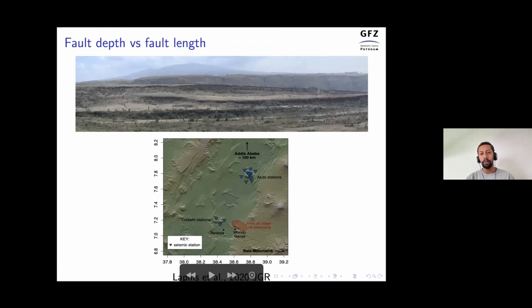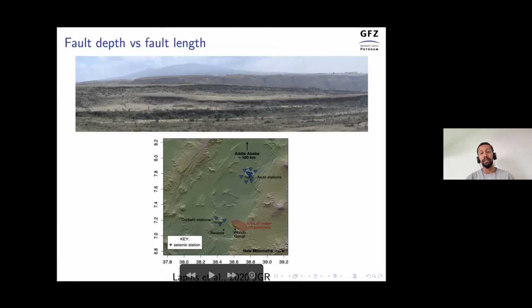A big border fault with about 300 meter vertical throw. So this is the elevation model. This is where we observed the lower crustal seismicity, and it runs almost north-south. At the southern end of this fault, we have lower crustal seismicity.